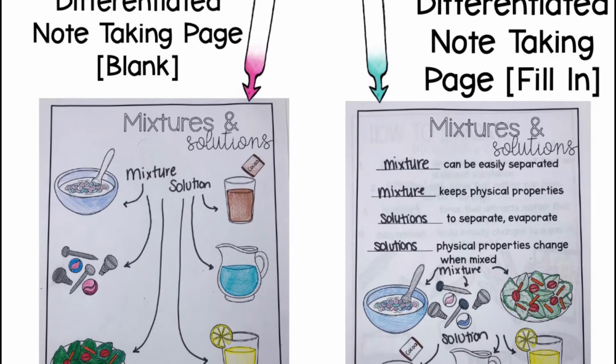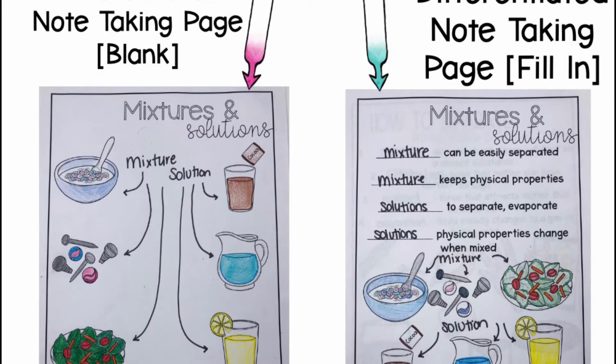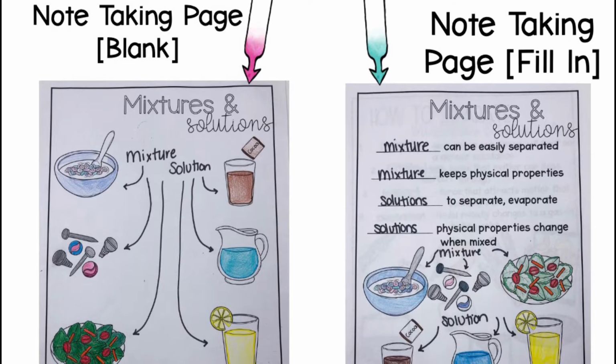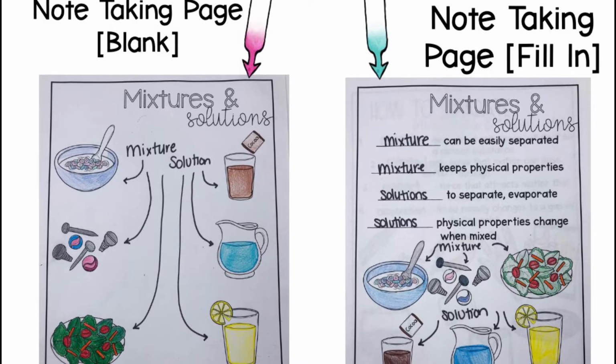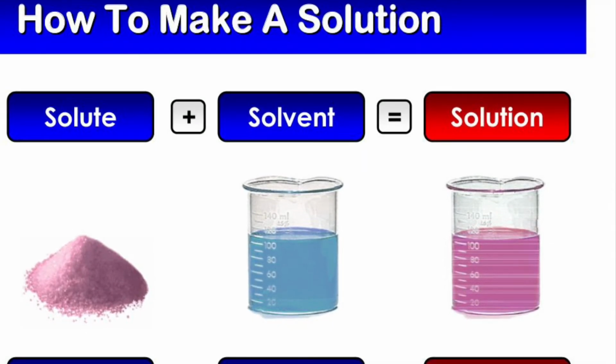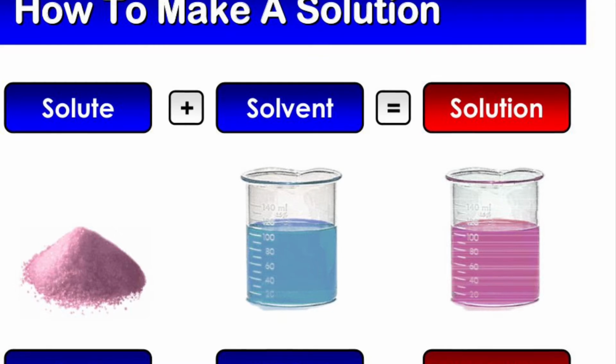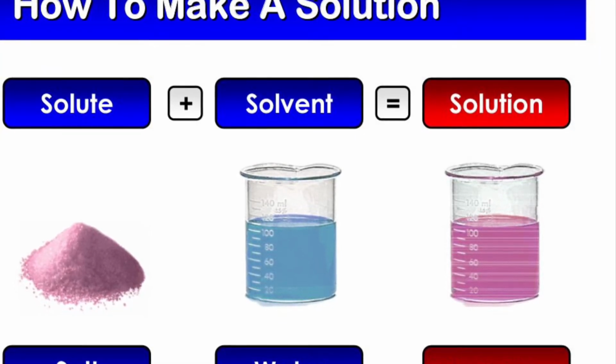Now let's talk about how to separate mixtures. You can separate the ingredients of mixtures in various ways. Filtration is one common method. It's like passing the mixture through a sieve.